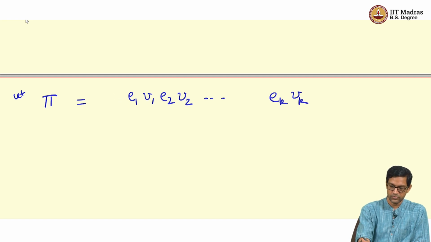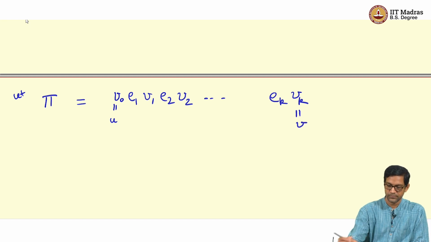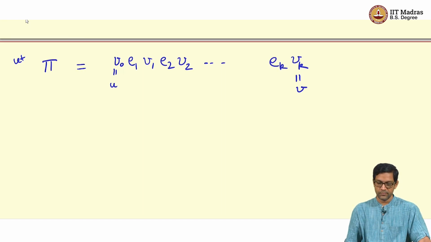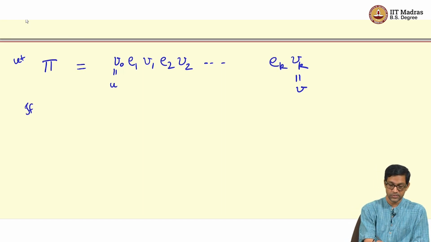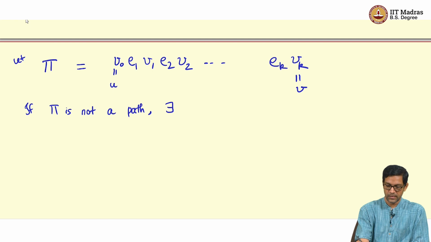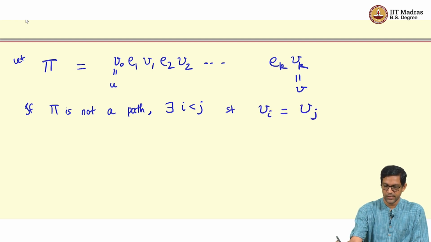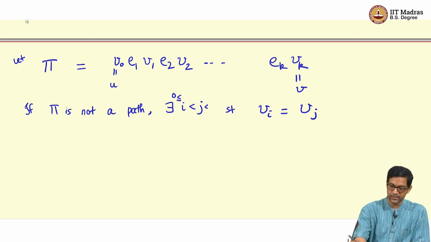So, let me use V0 again, but V0 is U and Vk is V, okay, and U is not equal to V. Now, what does it mean to say pi is not a path? Then it means there exist i not equal to j, so let us say i less than j, such that the vertex Vi equals the vertex Vj. Okay. So, i and j are some numbers between 0 and k.